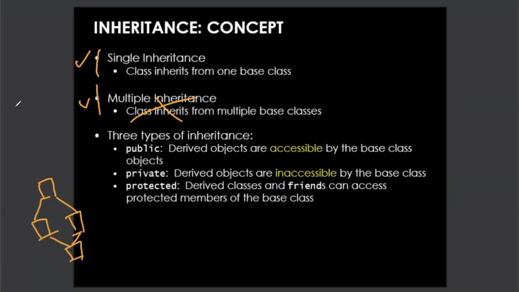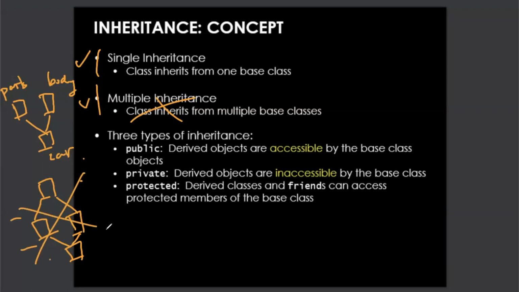Once in a while, I think it's okay to have maybe two. That's totally fine. You can say that this is maybe parts, and this is the body, and this entire thing is a car. Don't get into second tier multiple inheritance. This becomes an issue moving forward, and this is the type of design pattern that is frowned upon.